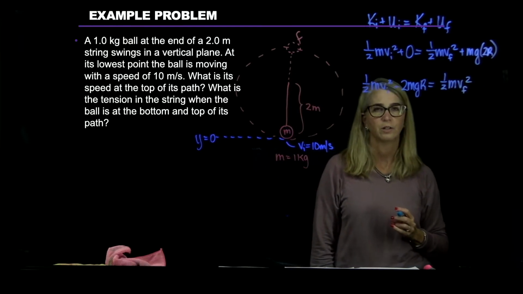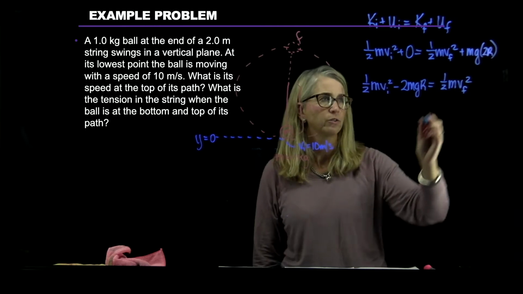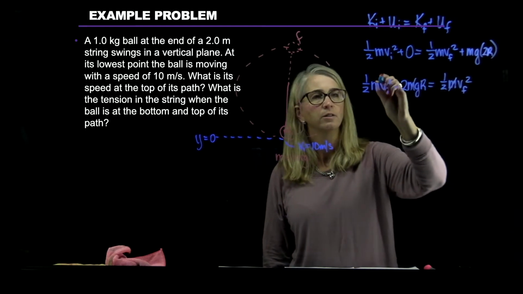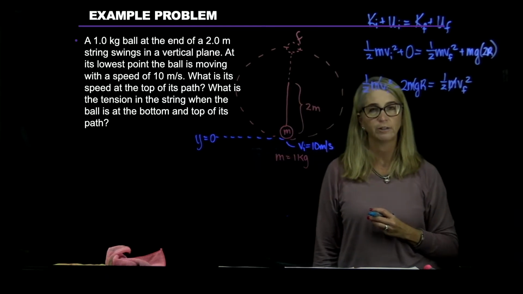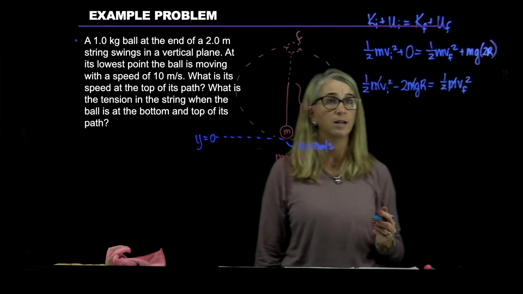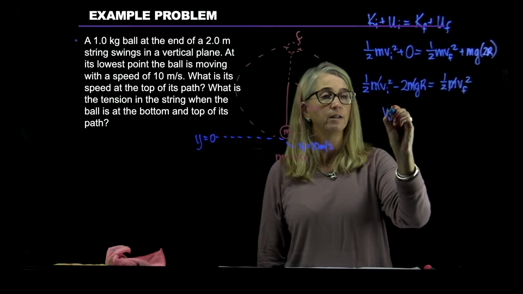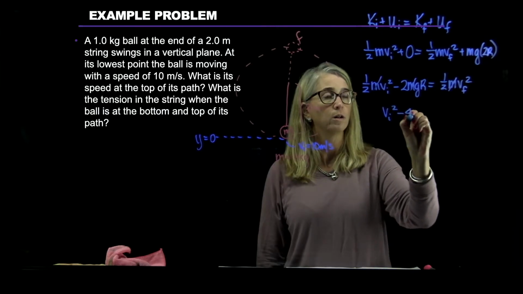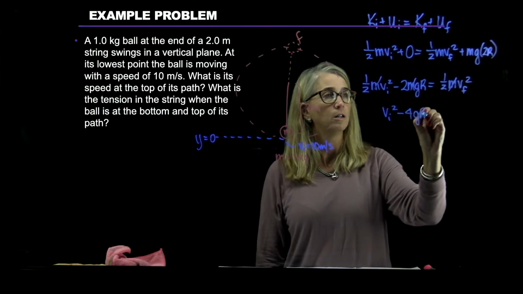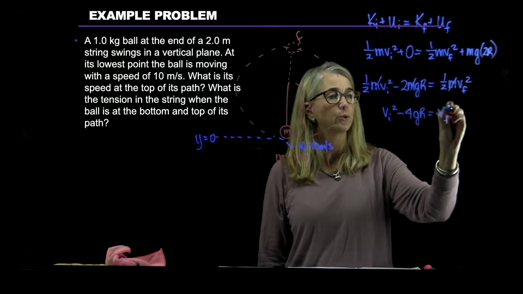And we can start rearranging things. First of all, I can get rid of the mass. It turns out the mass doesn't matter because it's in every term, so I can divide through by the mass. I'm also going to multiply by 2, so I get v initial squared minus 4gr is equal to v final squared.